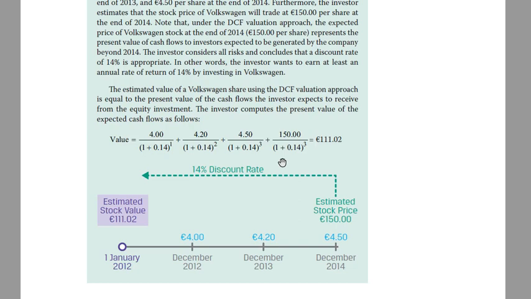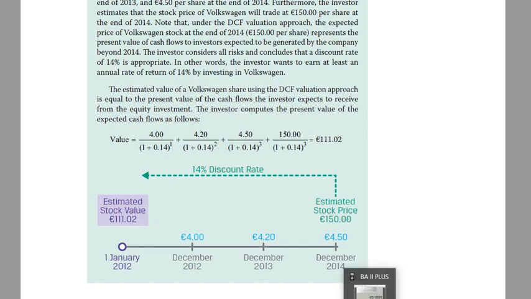Considering all risks, a discount rate of 14% is appropriate. So you add up the present value of the dividends and the stock selling price, and you get an estimated stock value of 111 euros and 2 cents.